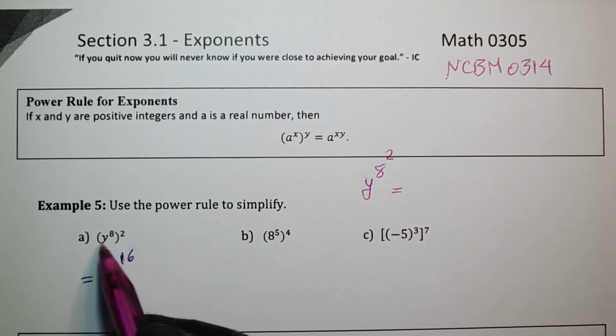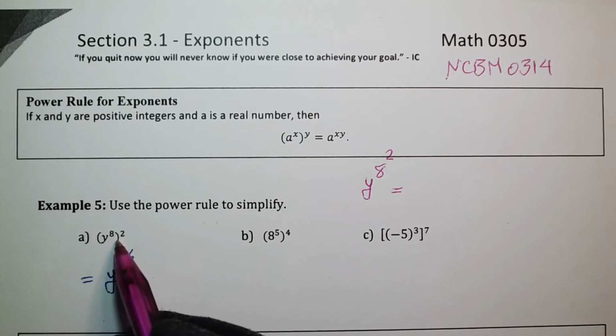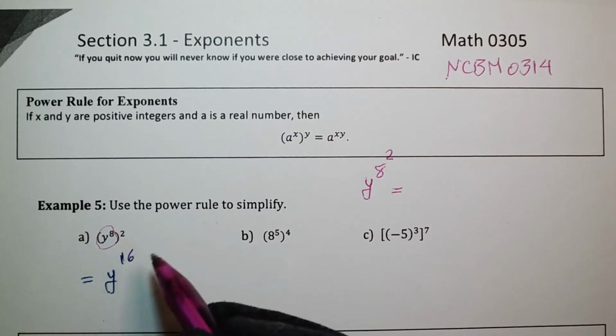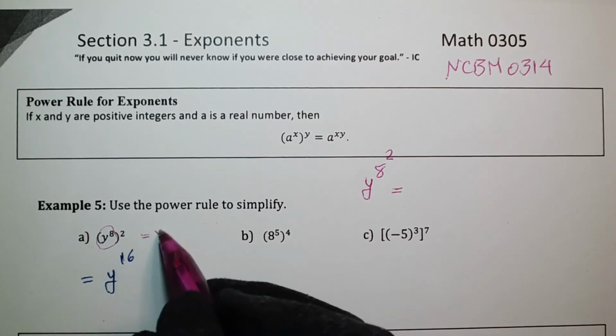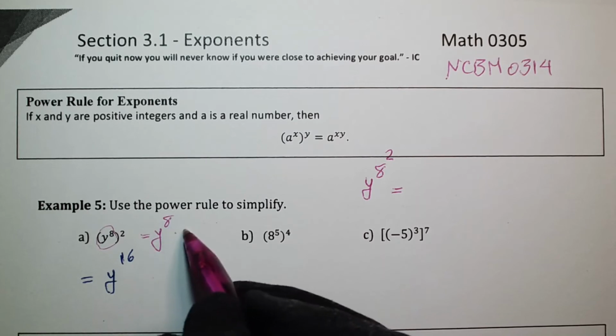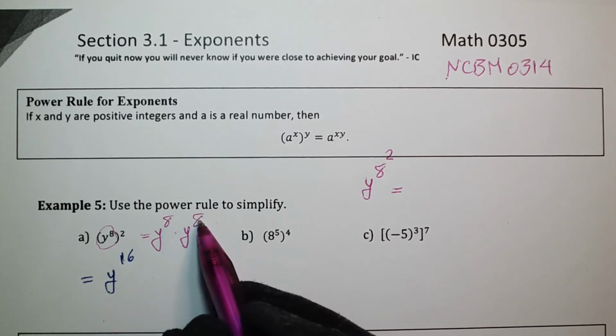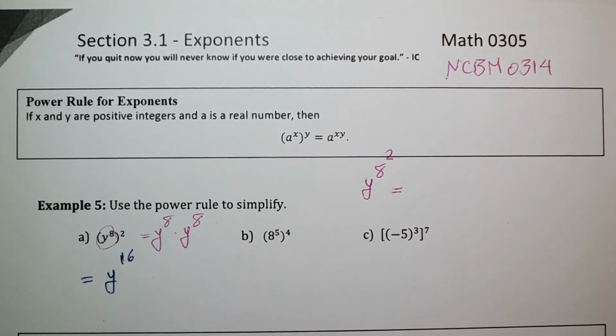In the earlier form, y to the power of 8 has parentheses, so it is the base, meaning y to the power of 8 times y to the power of 8. And you can write it as y to the power of 8 plus 8, which is 16.